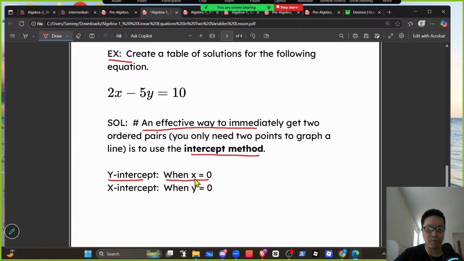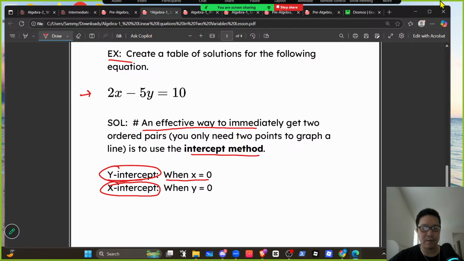In other words, if you were to plug in 0 for x into this equation, you would get your y-intercept. If you were to plug in 0 for y, you would get the x-intercept. And if you think about it, there's only 2 points that you need on a graph to create a single line. So if you had the y-intercept and the x-intercept and you just connected the points, you would have your line.